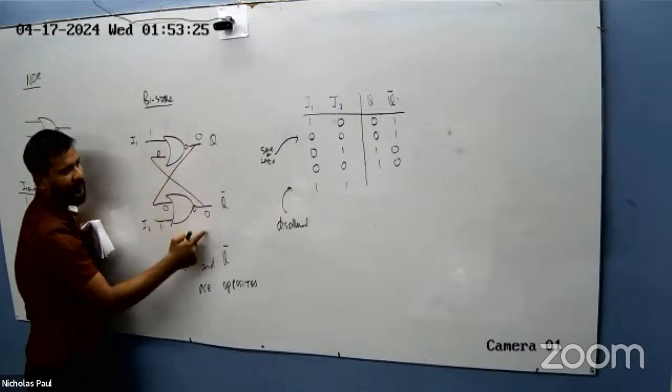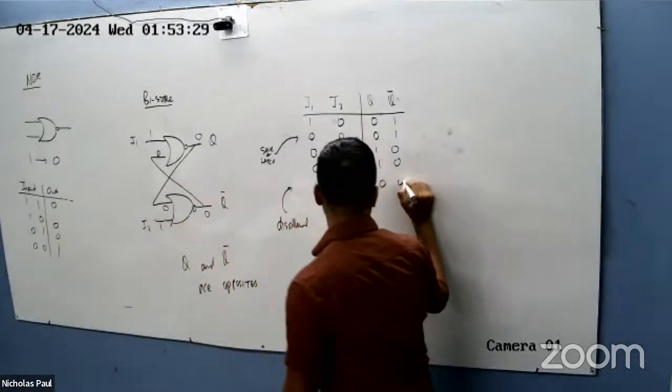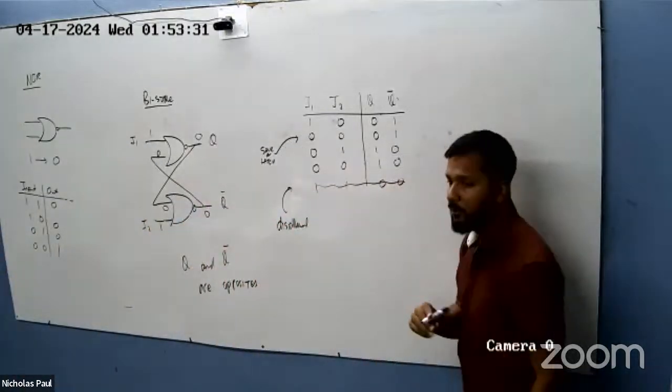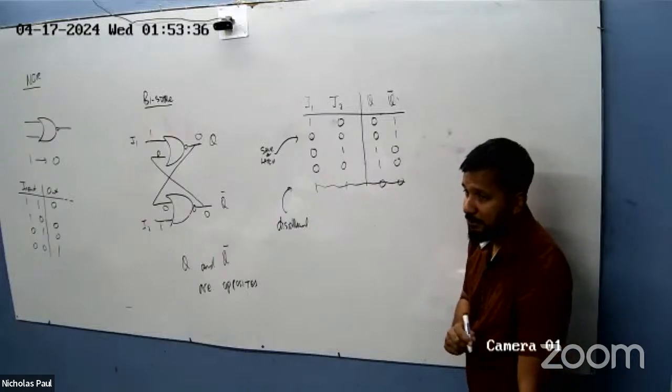So I end up with 0, 0 here. I don't want that. That is not stable. Right? That is not stable. The flip-flop will not work. You okay with that?